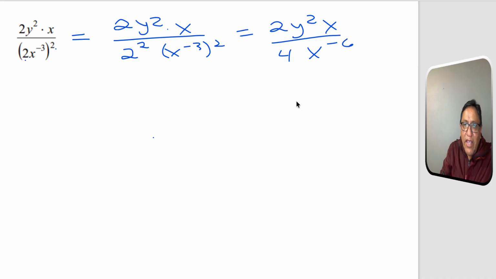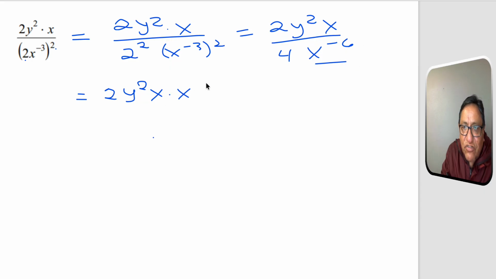Okay. Now what we can do is this x to the power -6, I can send to the numerator. So 2y squared x. I'm going to send this to the numerator because I have a negative exponent. It will be times x to the power 6, positive. In the denominator, I am left with a 4.